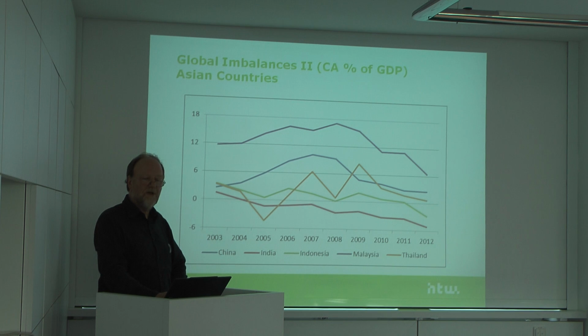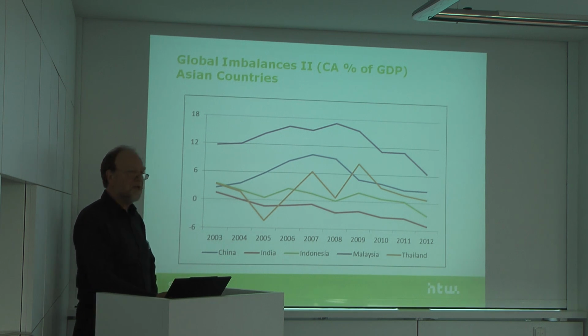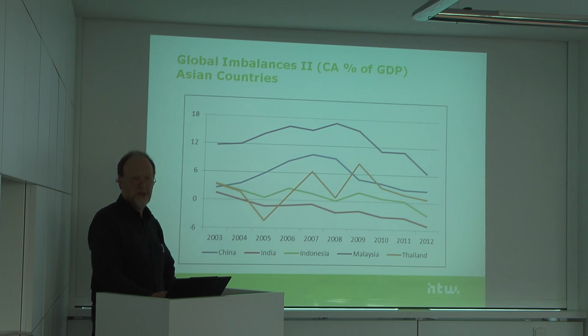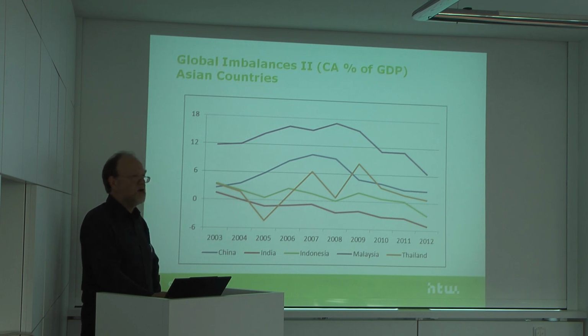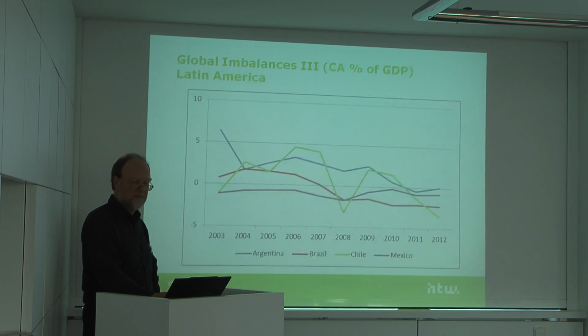If we have a look at other parts of the world, we can see indeed imbalances are still there, but they are much lower than they had been before. We may have a look at the Asian countries here. There are still China, Malaysia, which clearly have a current account surplus, but it's much lower than it had been. And we have even some countries here, India, we have talked about that, also Indonesia, which are going slowly in the direction of deficit.